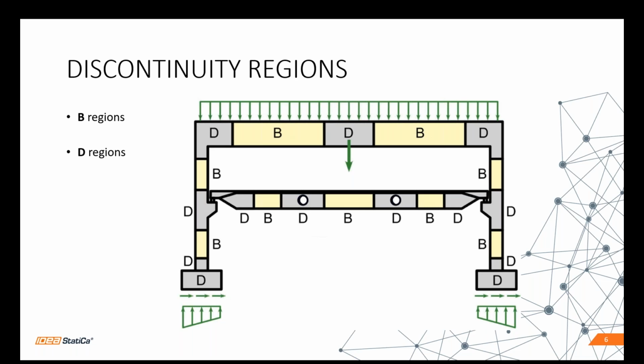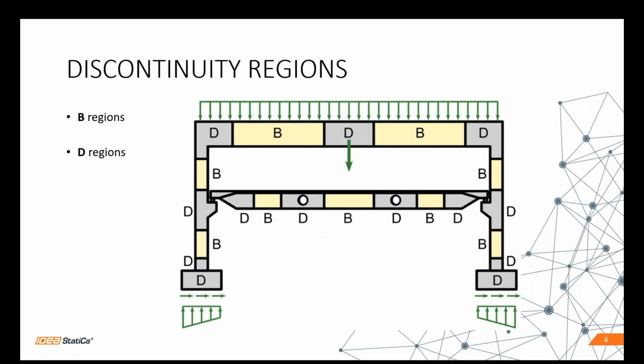Okay, thanks. So as I mentioned, which parts of the structure belong to these D regions? There are, for example, areas with corbels, areas with sudden change of geometry of the cross sections, frame joints, areas with point load, areas near support, or areas with an opening.